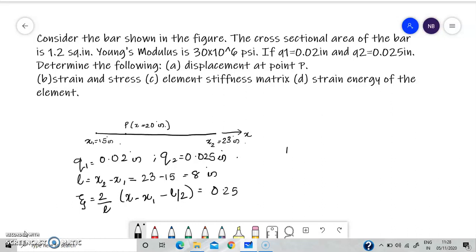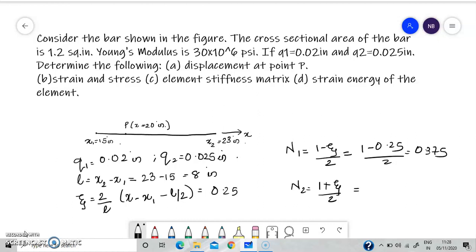We are asked to find out the displacement, so we need the shape functions N1 and N2. N1 is given by 1 minus zeta by 2, and this works out to be 0.375. N2 is 1 plus zeta by 2, and this is 0.625.